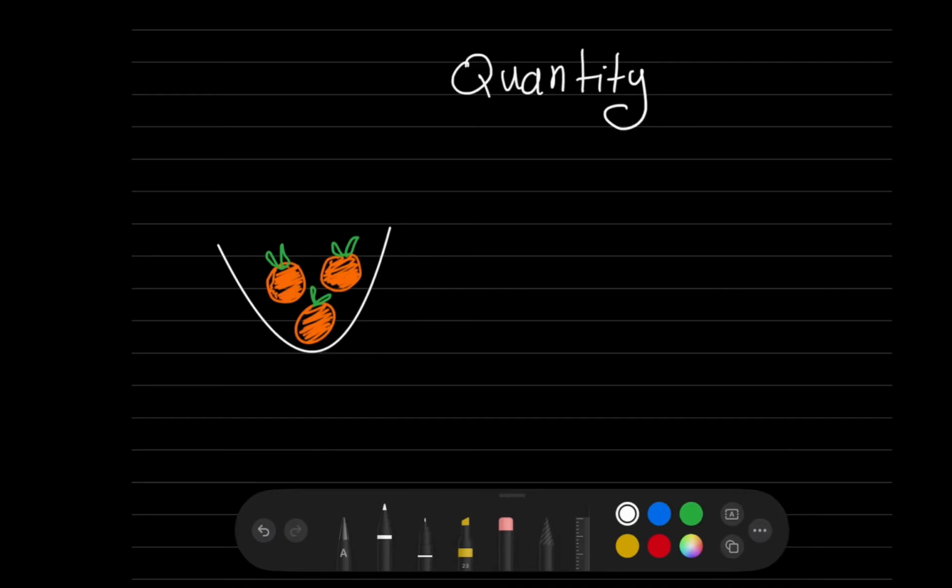Today we're going to start talking about a new topic in chemistry, which is about moles. Before we go there, let's start describing something that is related to our topic. As we can see here, we have a basket of oranges. I can describe the quantity of this basket of oranges in terms of mass.